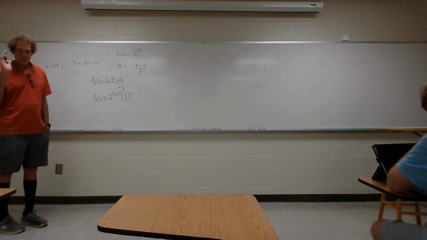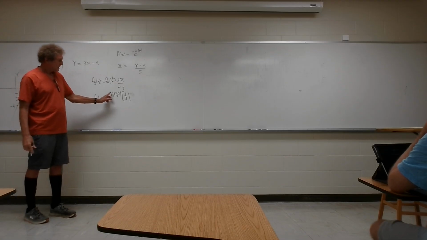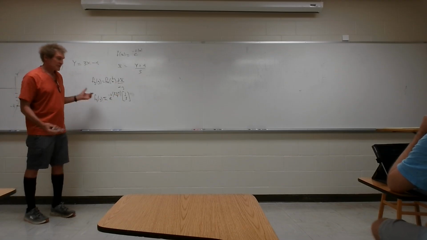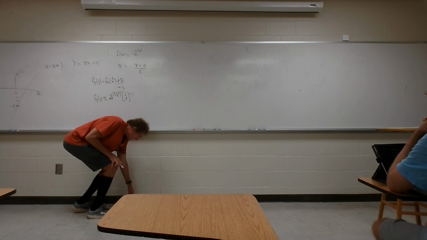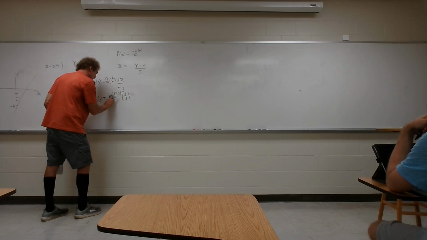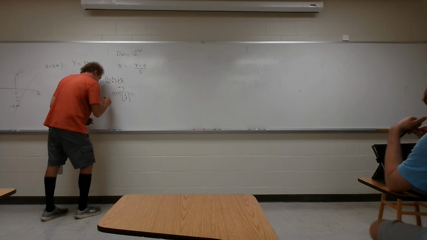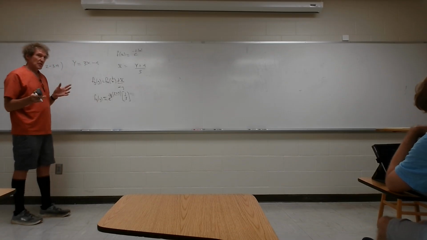Now, here's something I'm going to warn you about. You see that magnitude of y plus 4 over 3? I'd take the 3 out in front right away, get it out from under the division, and have it times that. Do you follow why I did that?